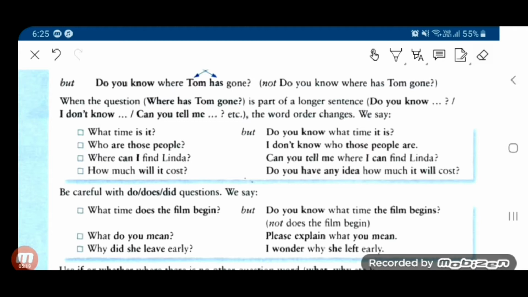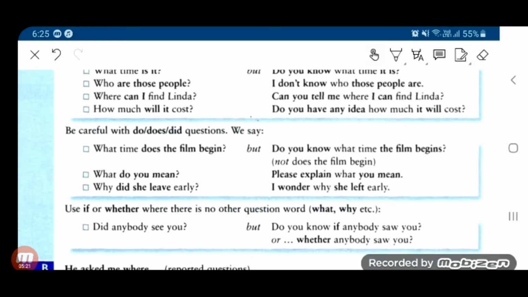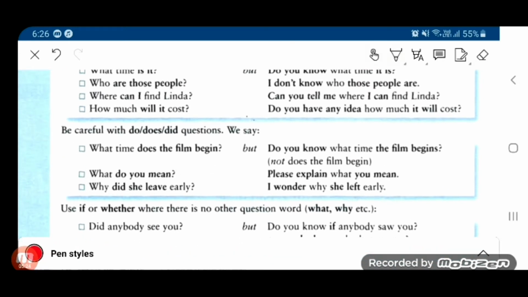Be careful with do, does, did questions. Just remember that do, does, did are all helping verbs which we use to represent time references: present, future, or past.